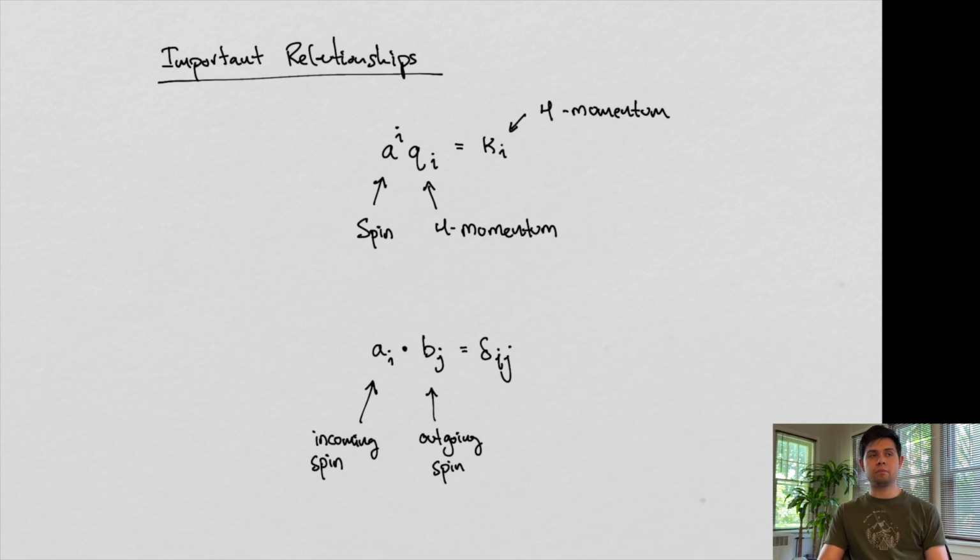So the spin is just 1 or I. And if the spin is dimensionless, then dimensionless times a four momentum is just going to give us a four momentum. Okay, so this is going to be important to know.